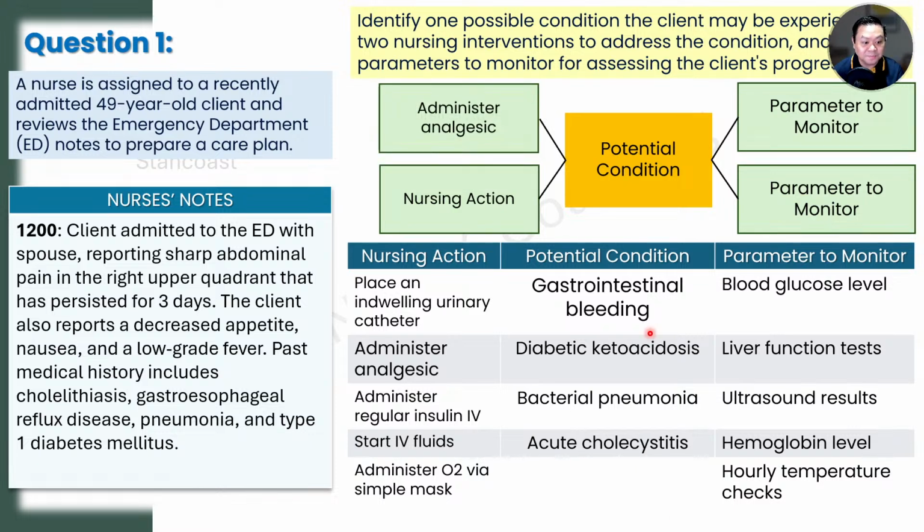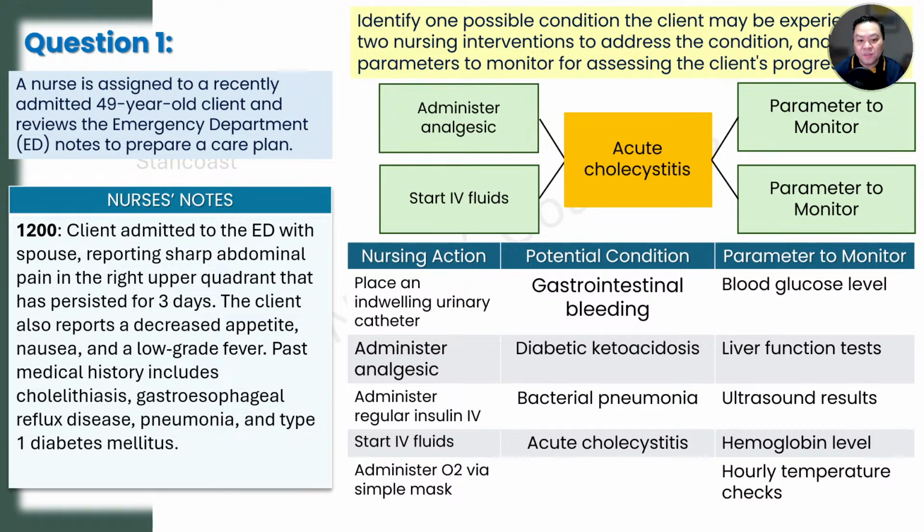All right, so that should have displayed first the potential condition. So that should be the acute cholecystitis. Now let's go into part 2, which is to determine the nursing action. So we're going to have to select those appropriate nursing actions, and you already have seen the administer analgesic and start IV fluids.